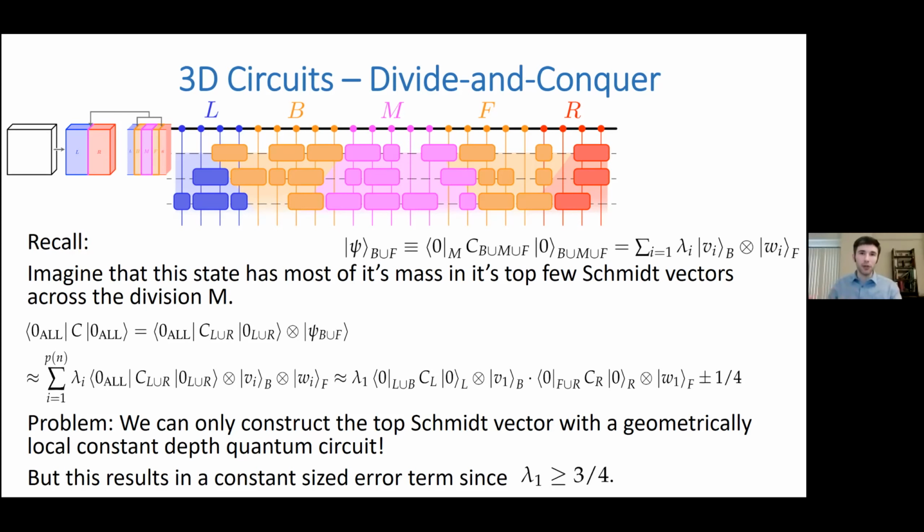And that's terrible. That's a constant error. We want error that's inverse polynomially small, or even inverse quasi-polynomially small, so that it decays with n. So in a sense, we might still be very far from our goal here.